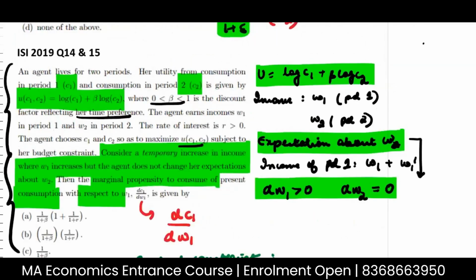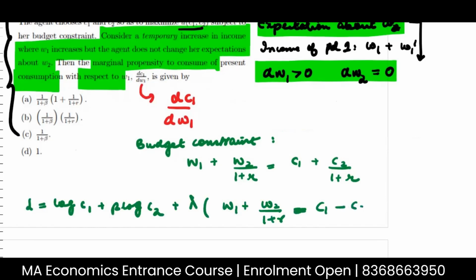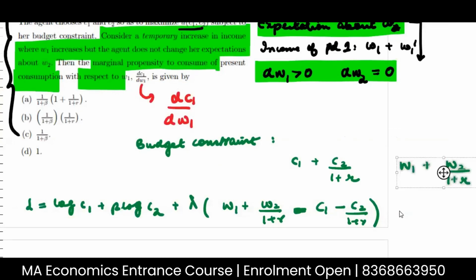Utility is given by this, so I will write log C1 plus beta log C2 plus lambda times W1 plus W2 upon 1 plus R minus C1 minus C2 upon 1 plus R. It's always a good idea to write income on the left hand side, because we always say consumption is equal to income. This is always a better way to write the budget equation.